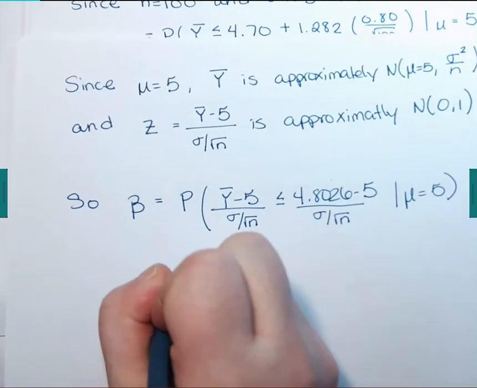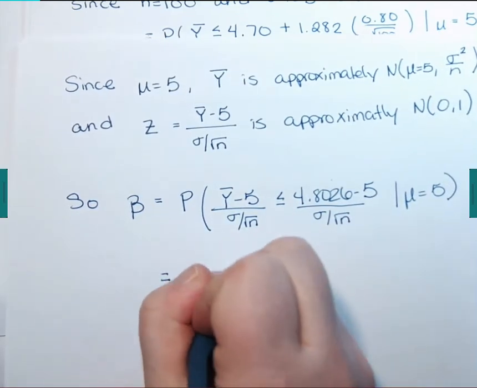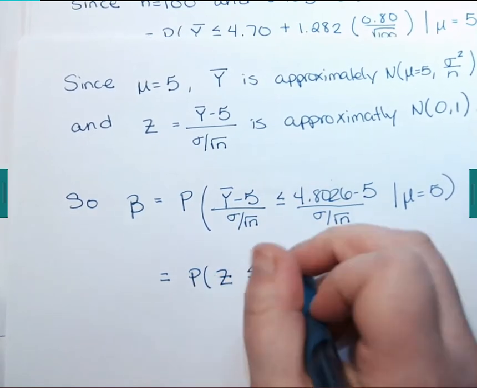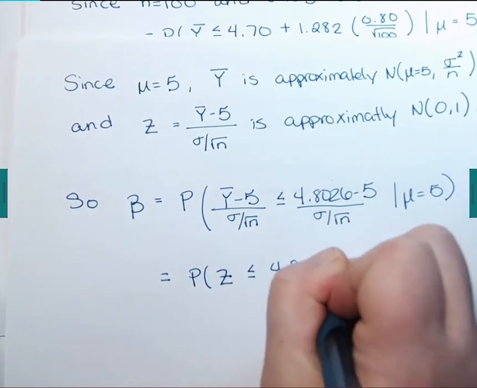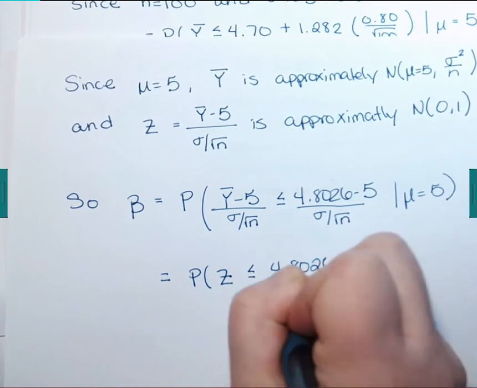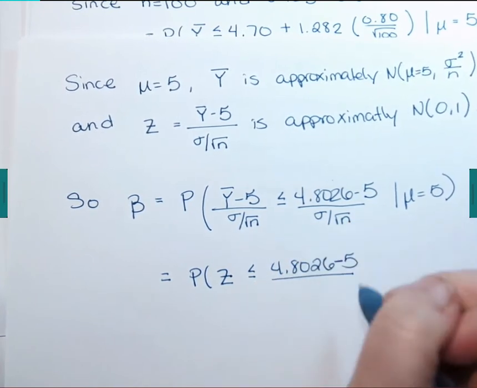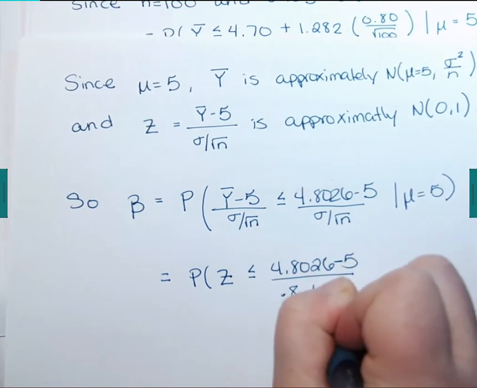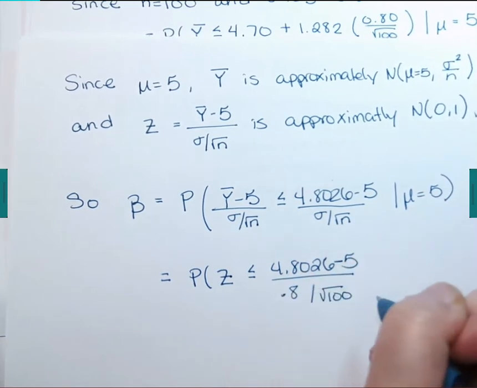So notice this is equal to the probability that z is less than or equal to 4.8026 minus 5. We're going to estimate the sigma with the 0.8, and then we have divided by the square root of 100.